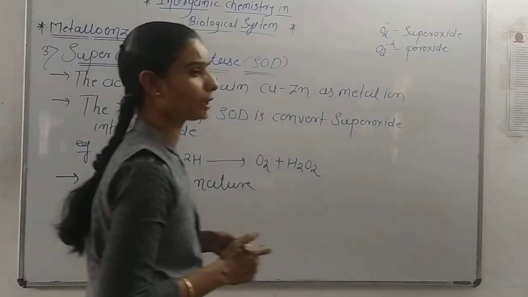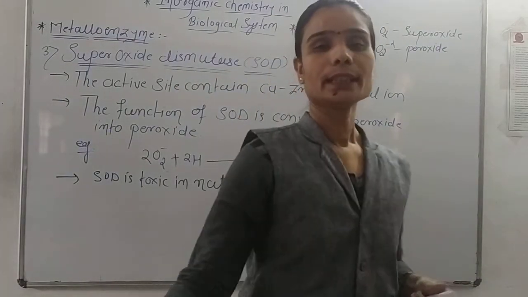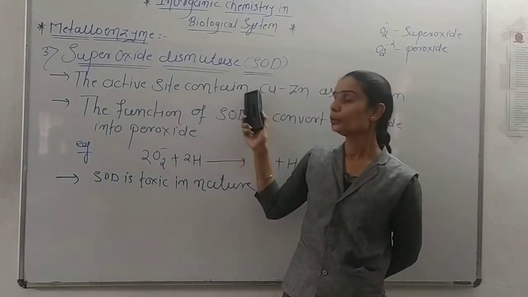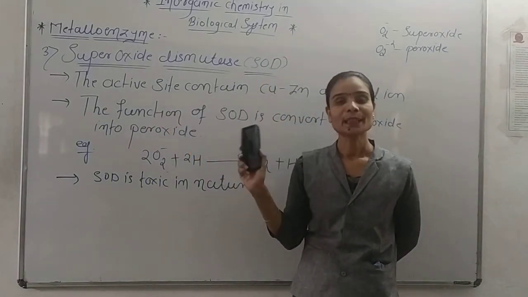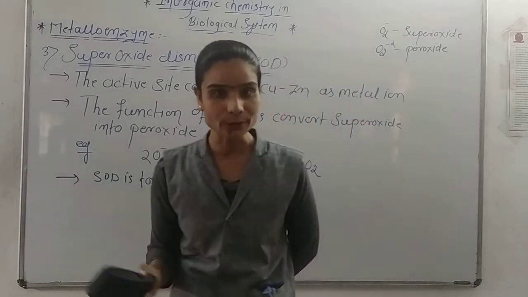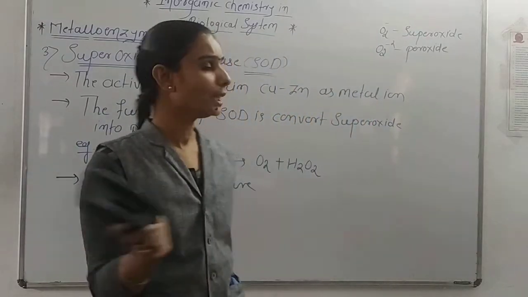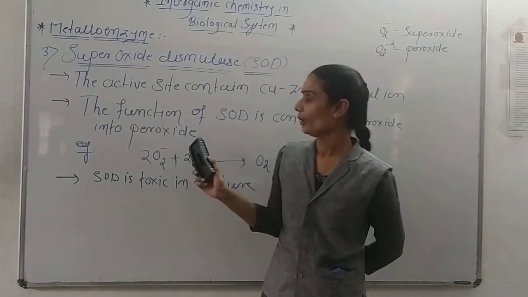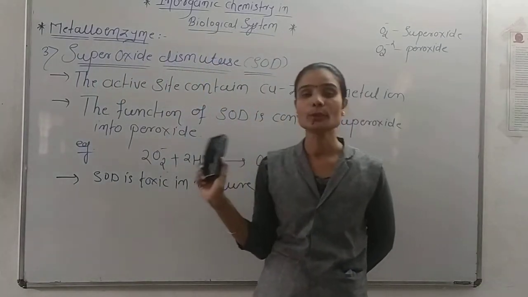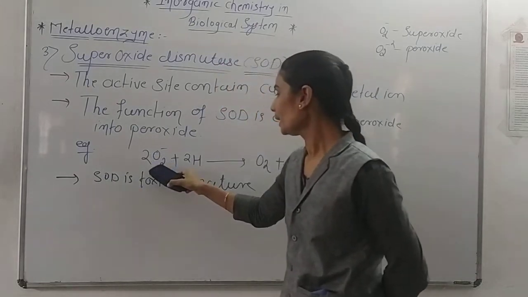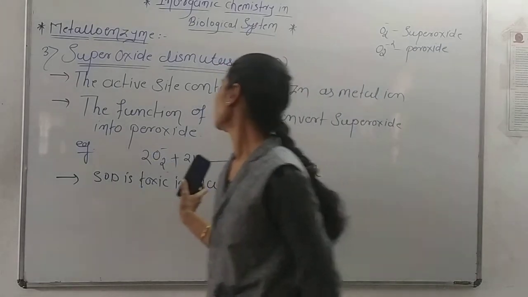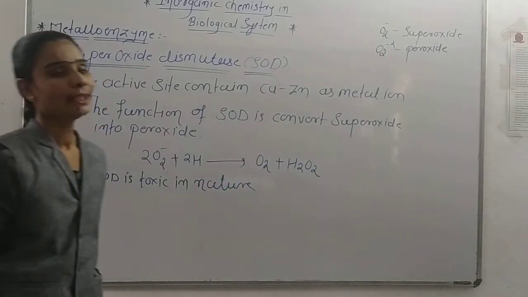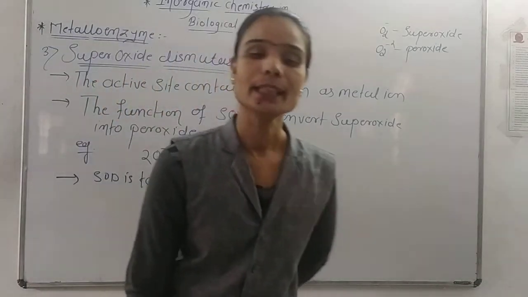This is just the introduction of SOD, a metalloenzyme in which two metal atoms are present at the active site, the zinc and copper, and the main function of this superoxide dismutase is that it converts superoxide into peroxide, and it is somewhat toxic in nature.